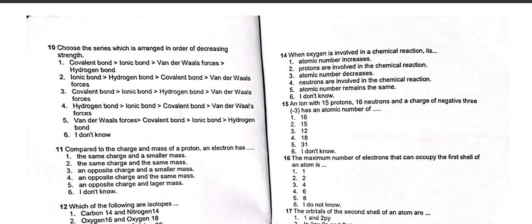So they're saying when oxygen is involved in a chemical reaction, let's disqualify them. Number 4 is wrong because they're saying neutrons are involved in the chemical reaction. That's false. Atomic number is proton number. So the correct answer here is 5. Atomic number remains the same. The question they're simply asking is, does the number of protons change?